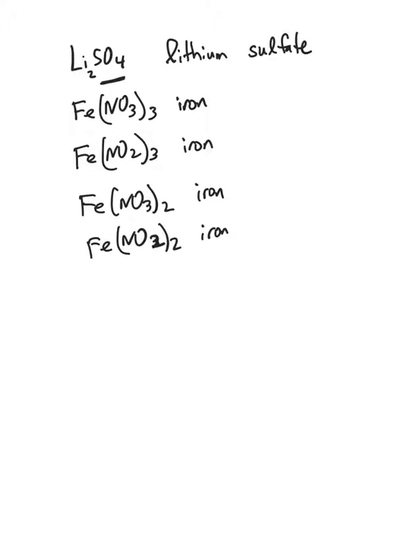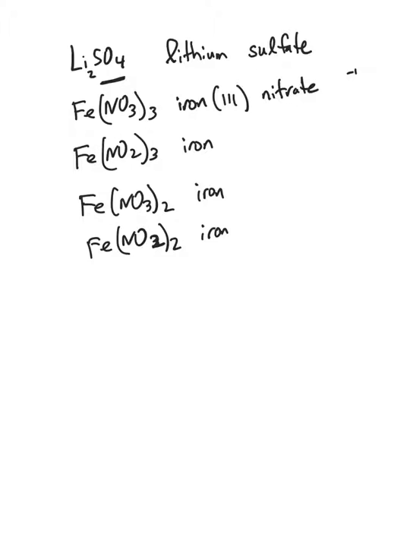Well, NO3 is nitrate. We've memorized that nitrate's got a -1 charge. We've got 3 of them, so 3 times -1, all of our nitrates add up to -3. To make this electrically neutral, this iron has to be +3 in this instance. So this is iron(III) nitrate.